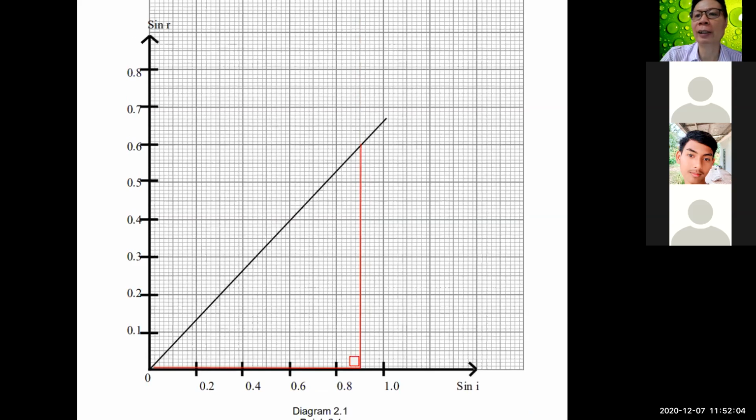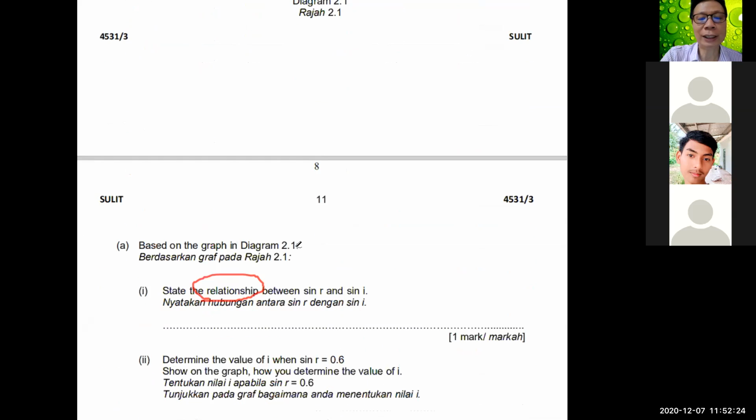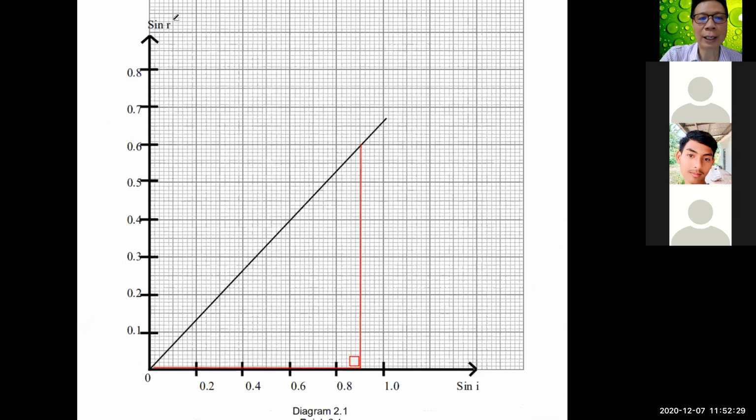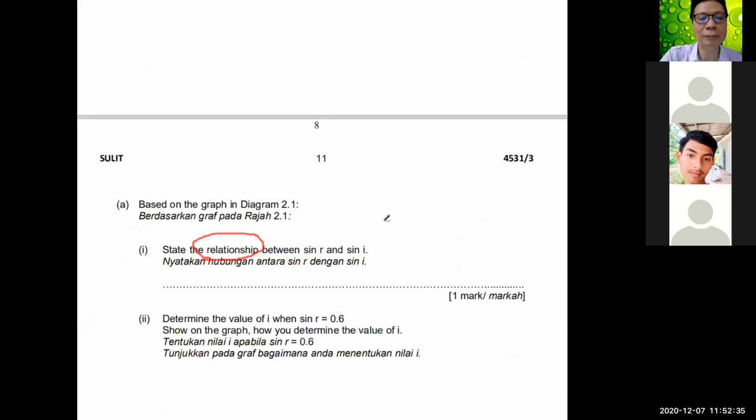Yes, correct, it's directly proportional. But you have to write in a full sentence. You write sin r is directly proportional to sin i. Even though the question says sin i, sin r, you follow the graph. Sin r is directly proportional to sin i. That's the relationship. Next question.